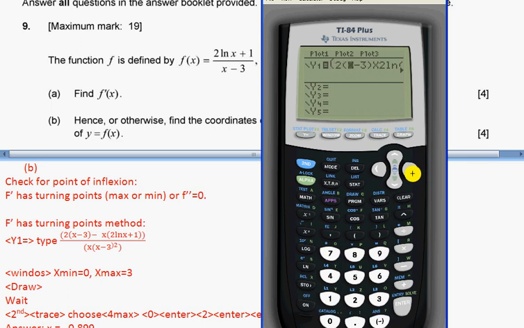Minus 2 logarithm. I should insert x and close bracket, insert again and close bracket.